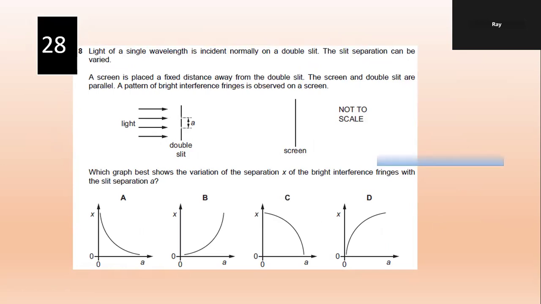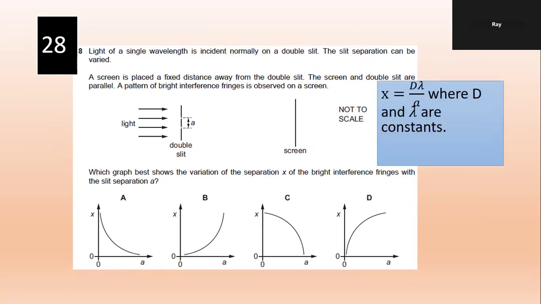A. Go to the formula where D and lambda are constant. So A, okay. So X varies with A as a hyperbola that way.